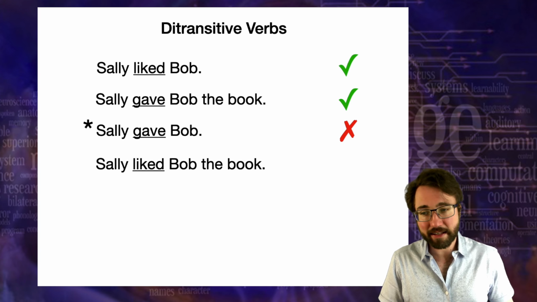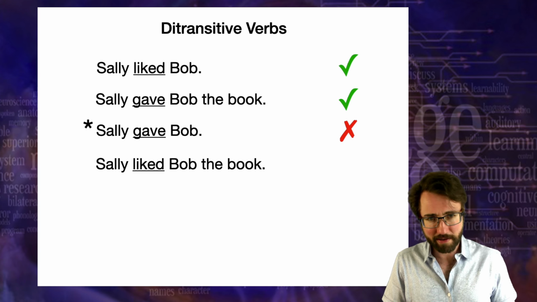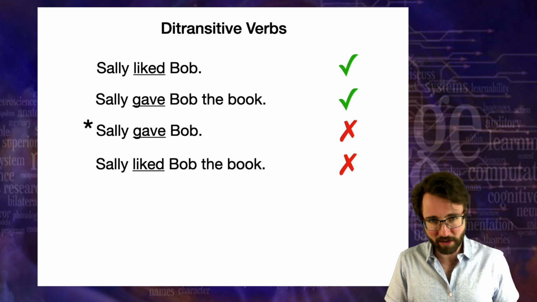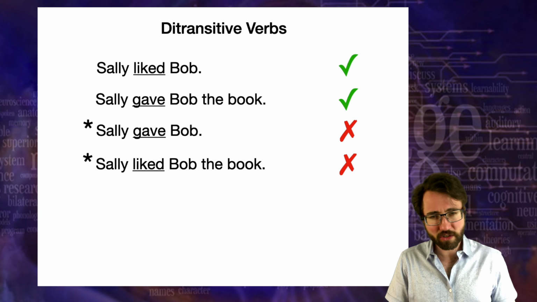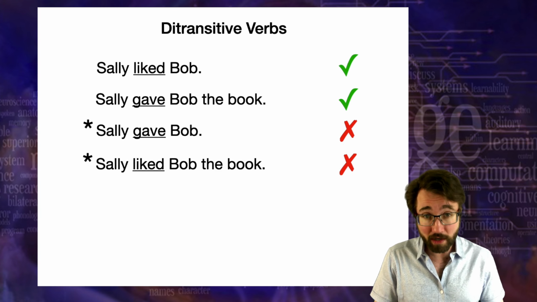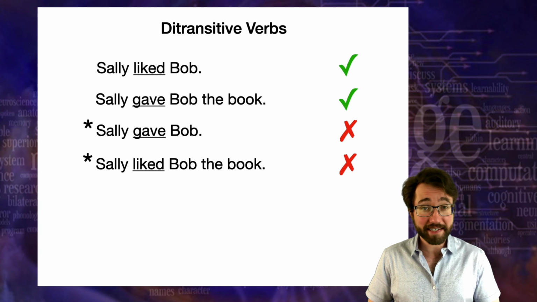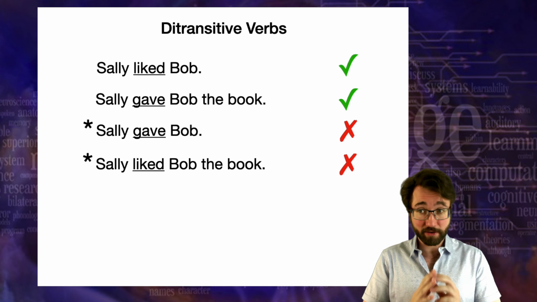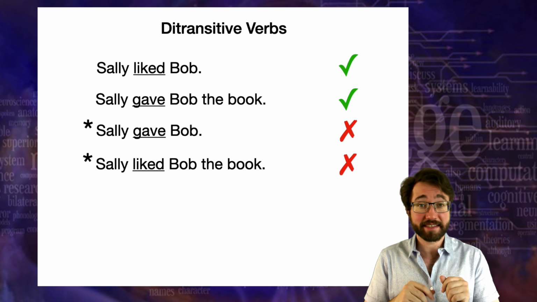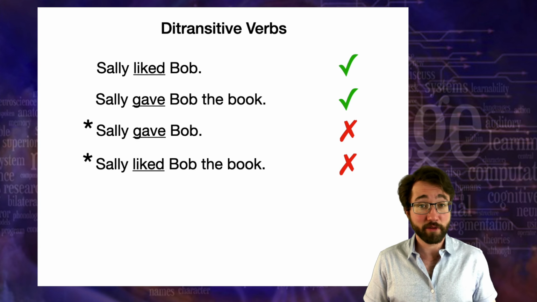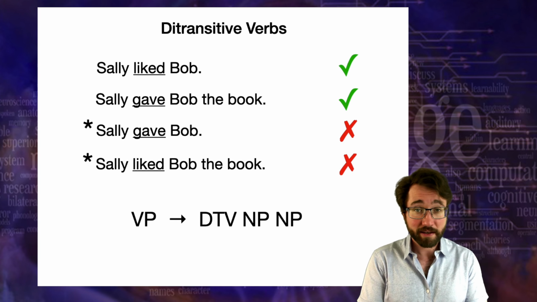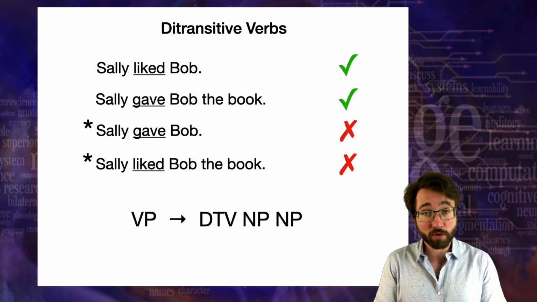How about this? Sally liked Bob the book. That doesn't even make sense, right? That's ungrammatical. So what we see here is that the verb gave actually requires two objects, Bob and the book, whereas the verb liked only takes one object. It only takes the single object Bob, and it doesn't take a second object like the book. So we can describe a new rule for the verb phrase.